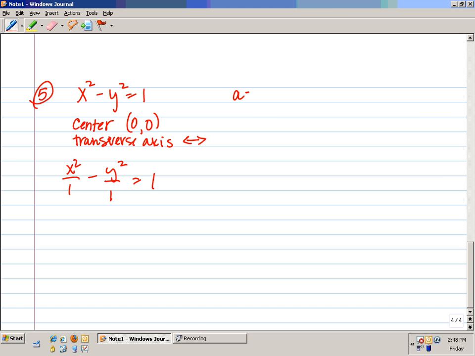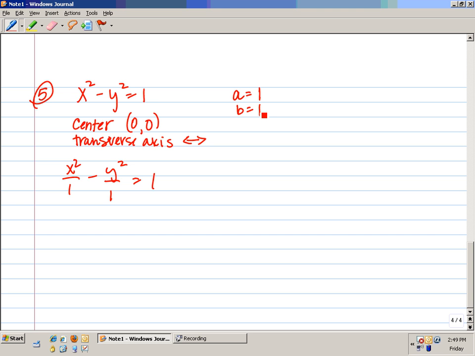So to help us sketch and find everything, a is going to be 1, because remember, this is a squared, so the square root of a squared gives us a. b is also going to be 1.